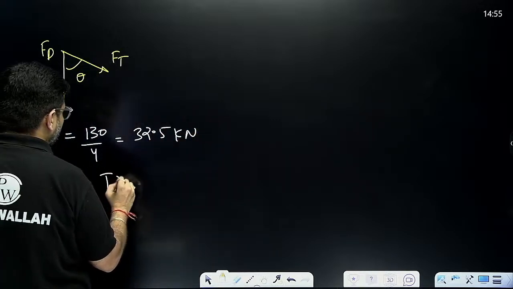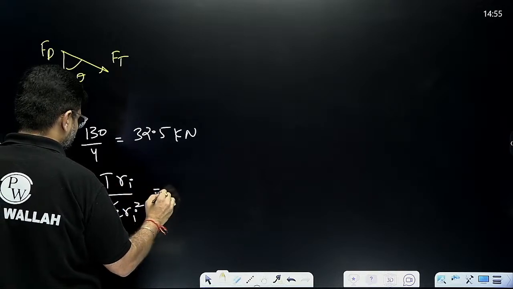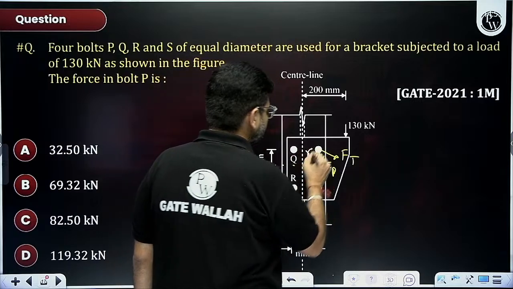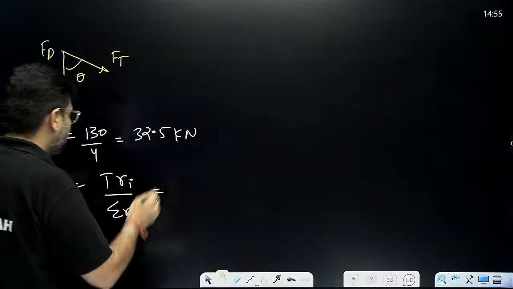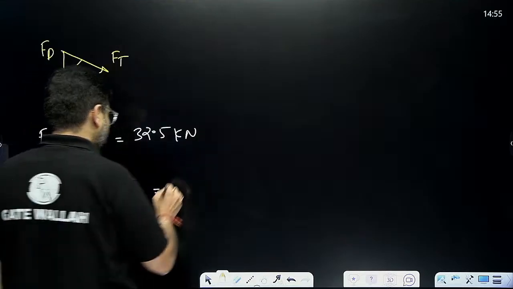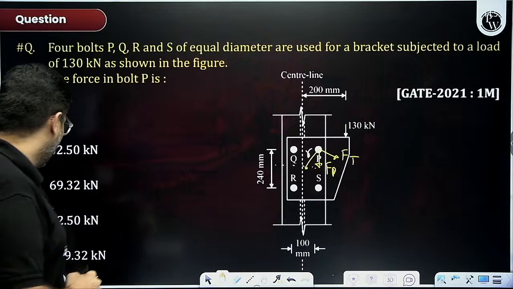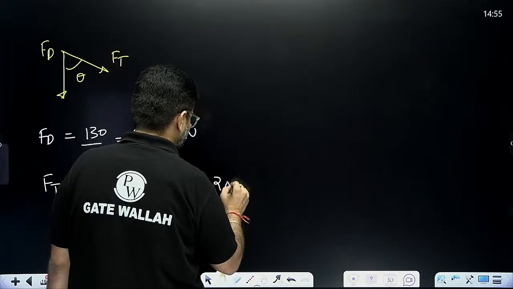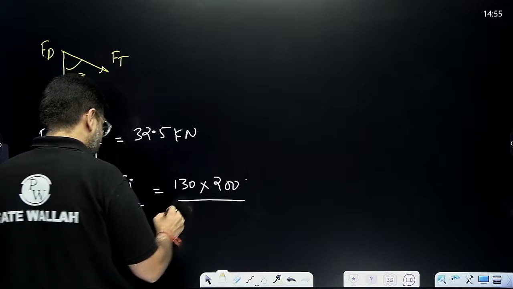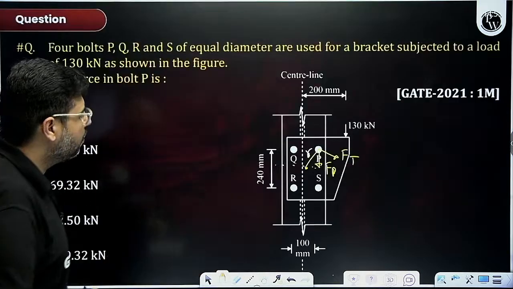FT is T Ri by sigma Ri square. What will R be here? All the bolts are at the same R, so R would be the same for all. T is P into e. P is 130 into 200, and R will cancel, so summation of 4 into R. R will be how much, my dear friend?